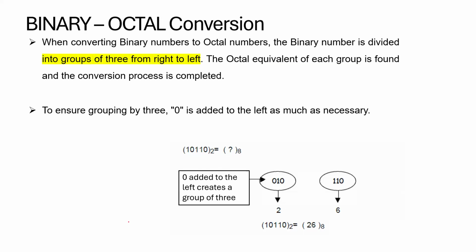Binary to octal conversion. Now, try to assume we have a binary number. Our base is 2. We will find the octal version of this number. How can we do this?